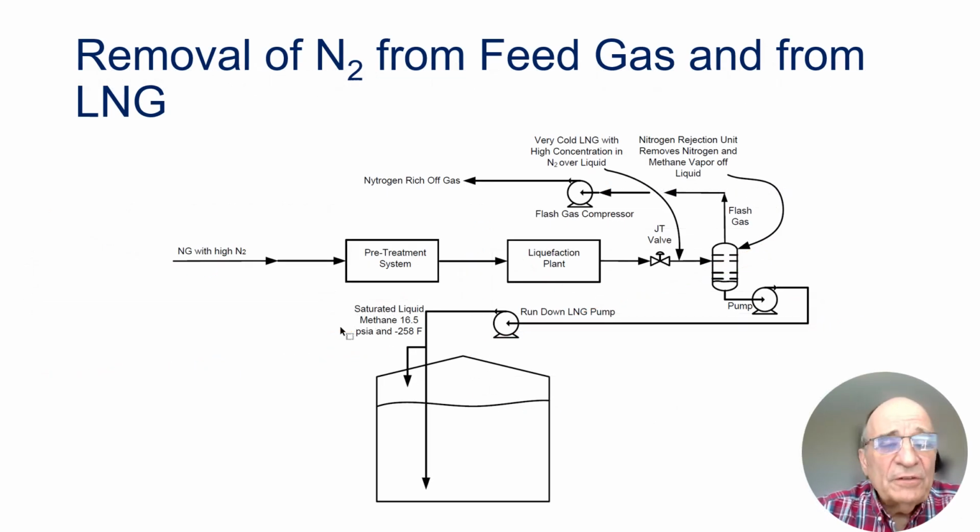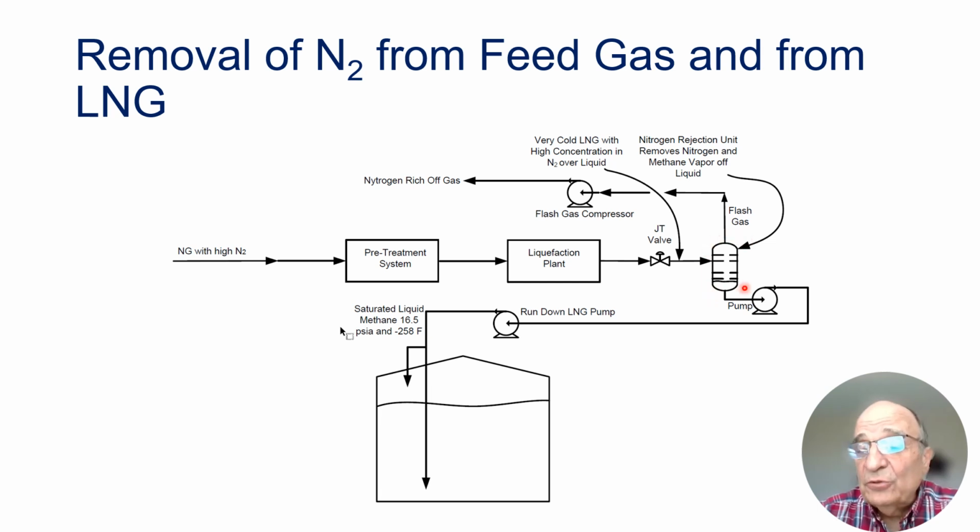Well, thus far, we've concluded that nitrogen in your feed gas is not a good thing, and too much of it will cause high nitrogen content in your LNG. So if we have too much nitrogen in the feed gas, how do we remove it? The easiest way to remove it is to go through your liquefaction plant and then knock it out in a nitrogen removal column called an NRU.